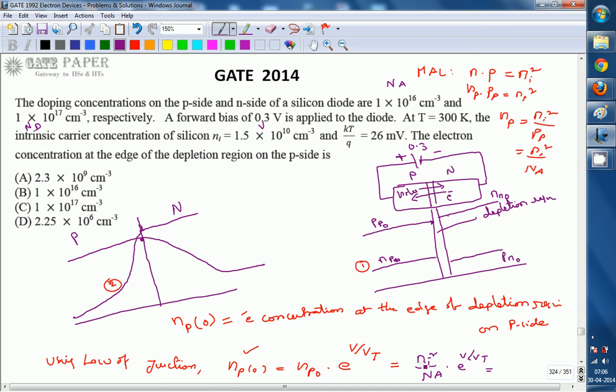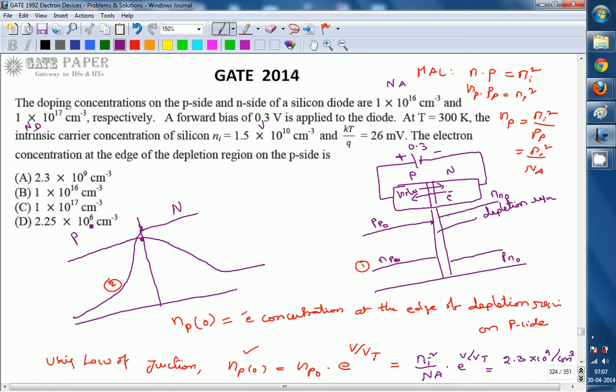Ni square is known, 1.5 into 10 power 10 whole squared, divided by Na, which is 1 into 10 power 16, into e power V by Vt, with V equal to 0.3 volts and Vt equal to 0.026. If you substitute all those values, the answer is 2.3 into 10 power 9 per centimeter cube.